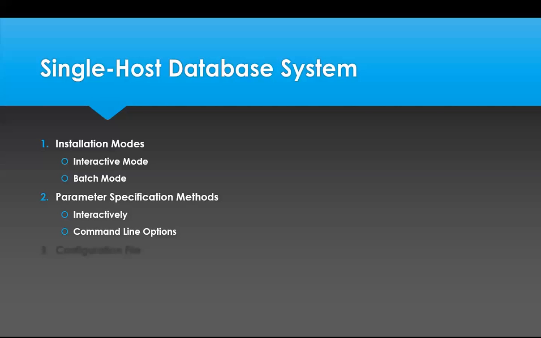Installation parameters are given in their accepted syntax as a space delimited list after the program name. So whatever parameter is there, you have to put it after the name of the program, that is HDB LCM, followed by that parameter.